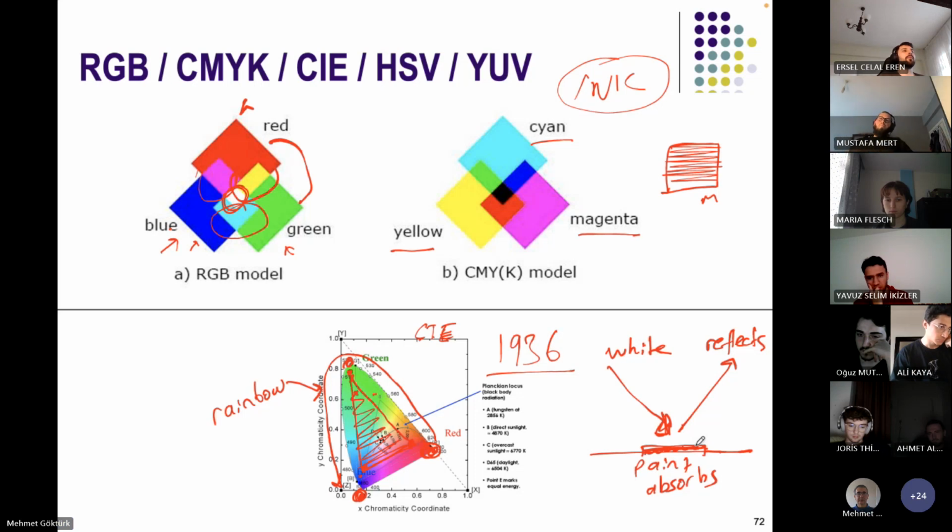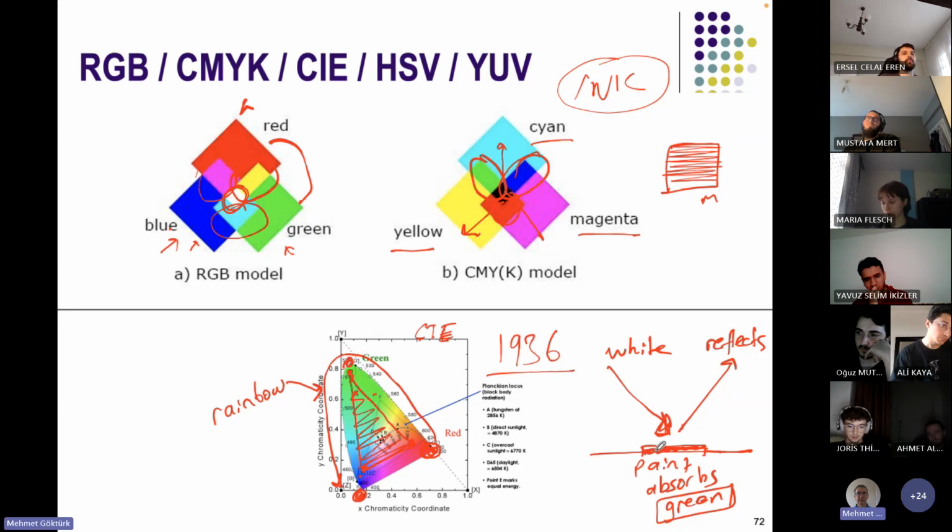So green absorbing is called magenta. Blue absorbing is called yellow. Red absorbing is called cyan.